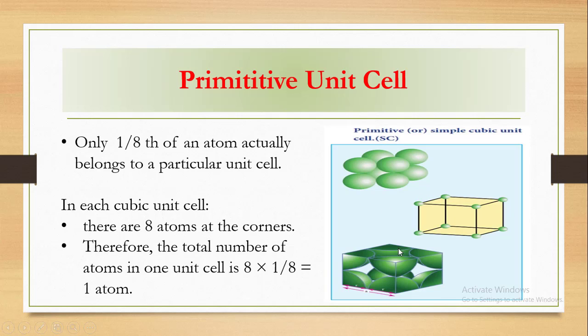So if you look at this three-dimensional structure, only 1/8 part of this sphere or the atom belongs to this unit cell. So there are 8 atoms in this unit cell, therefore the contribution will be 8 into 1 by 8, which is equal to 1. So we can say that the total number of atoms in one unit cell is equal to 1.